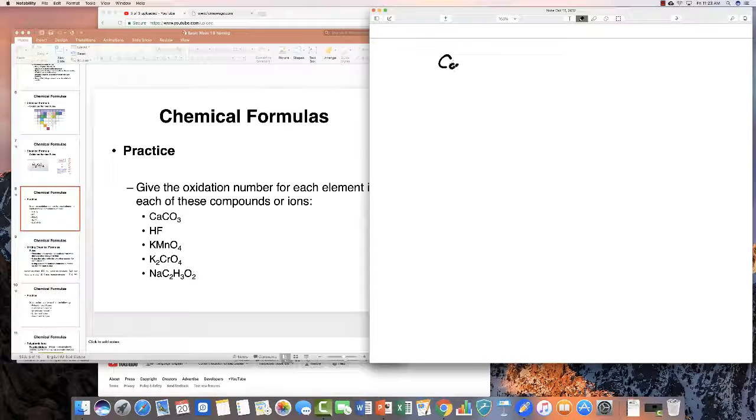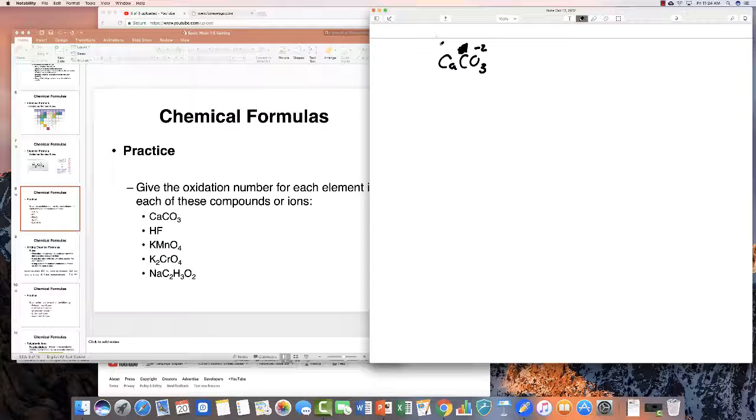This is calcium carbonate. And we know that oxygen here is -2. And we look up C on the periodic table, and it's in the 4A element, so it's likely to be +4. Actually, let's do it this way.